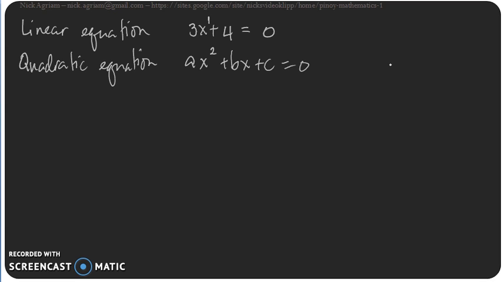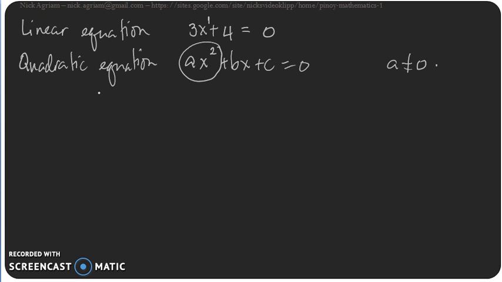A cannot be equal to 0. Why? Because when a is 0, then this whole term will be 0, and you are back to a linear equation. We're not discussing quadratic equations if a is equal to 0. So a is not equal to 0.